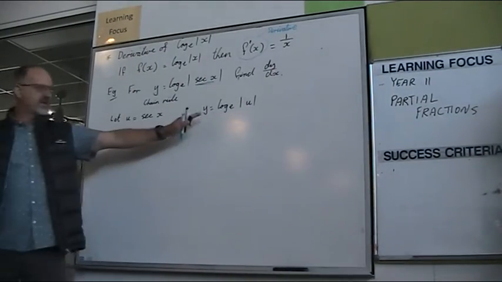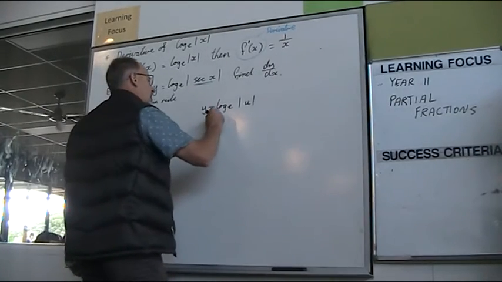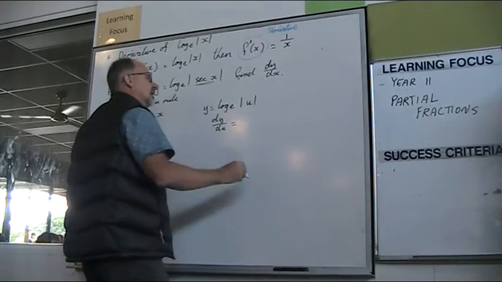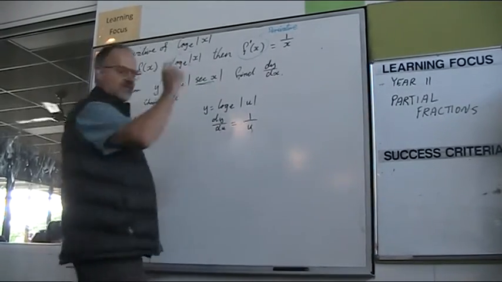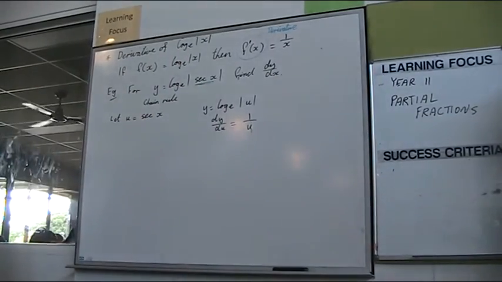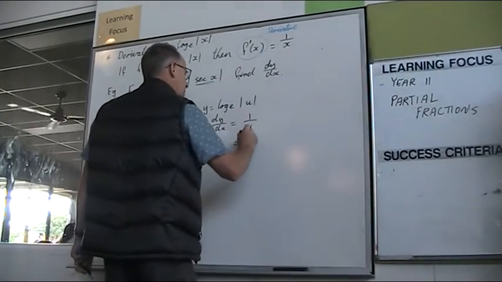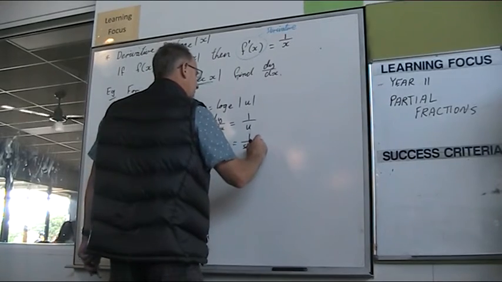All right, I'll do the easy one first, that's this one. So if I differentiate y with respect to u, simply just 1 on u. Which is 1 on sec.